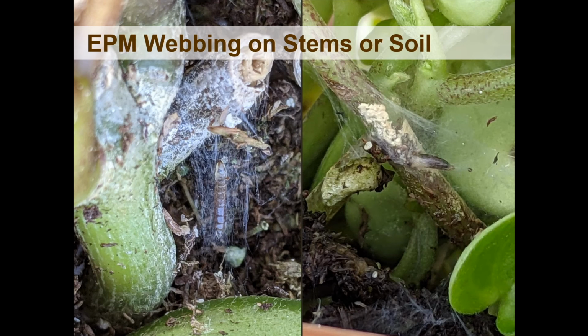These pictures show us how this moth larvae spends part of its lifetime on top of the soil and part of it in the stem. They exude this webbing and this white residue, debris that you see here, and that can definitely help identify European pepper moths in your crop.